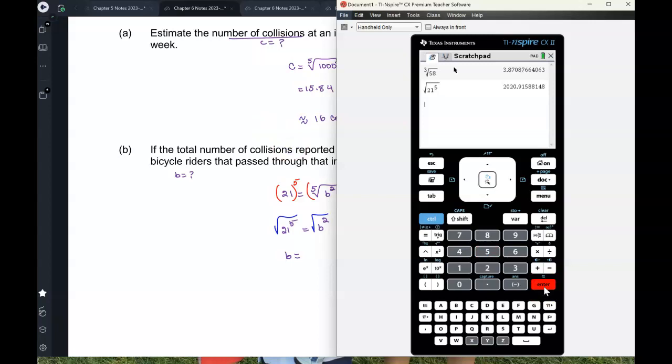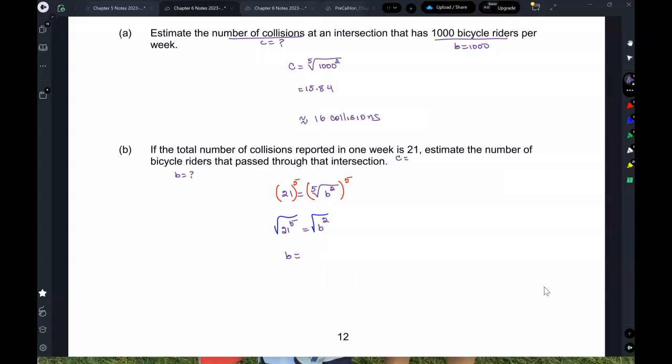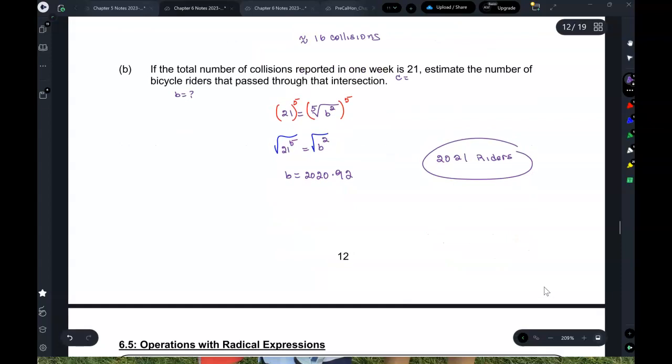And that's that number. 2020.92. So it's how many bicycle riders? 2021 riders. Okay? All right. So now we're done with the lesson.